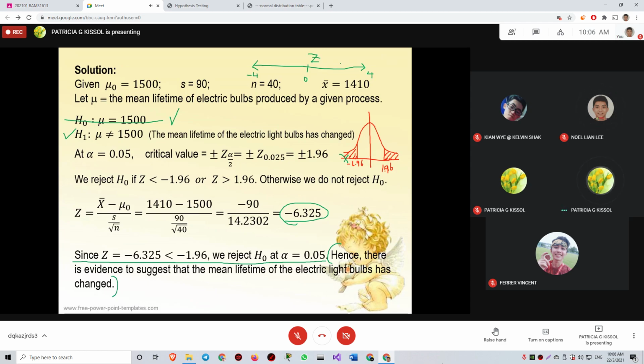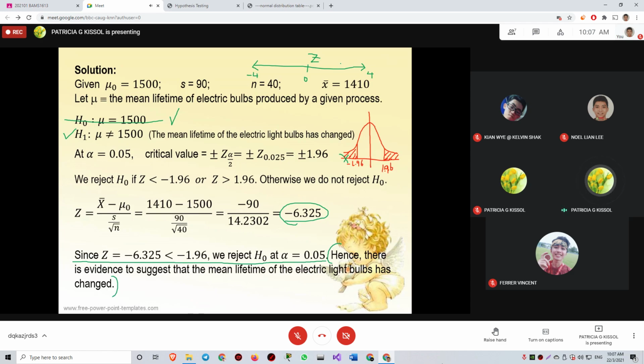For our table, we only use values from negative 4 to 4, but in actuality, Z can go on and on, though the value will be very, very small.